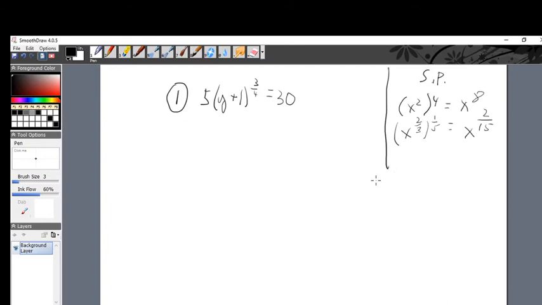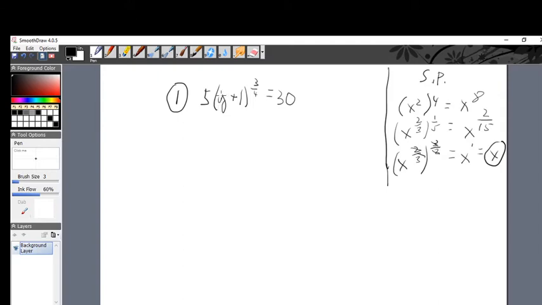What if you have x to the 2/3 taken to the power of 3/2, the reciprocal? You multiply them, they cancel out, and you get x to the 1, which is x. That's what happens when you take a fractional exponent to its reciprocal. We're going to need that in this problem.